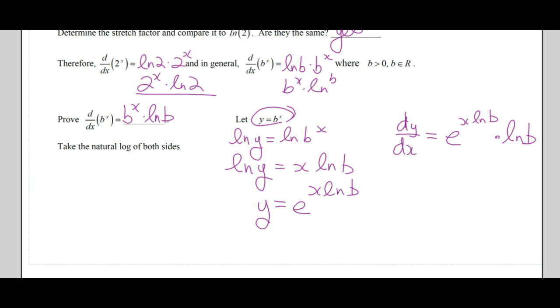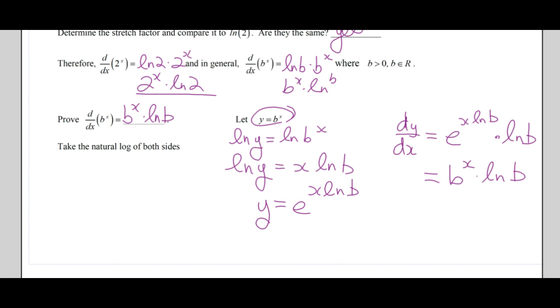And e to the x ln b is b to the x. Why? Well, because that's the same as e to the power of ln b to the power of x, and e to the power of ln b is the same as just b.